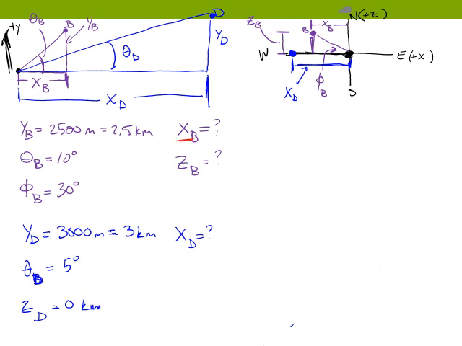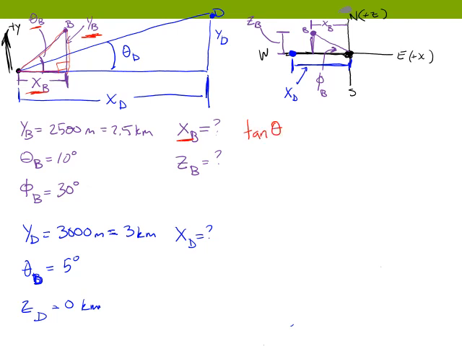If we want to find out what our x component is for our Boeing, that's this one. We can look at this. We have a triangle here, right? This is our triangle. It is a right triangle. This is our opposite side for our theta b. Our x component ends up being our adjacent side, and so opposite and adjacent should suggest tangent.